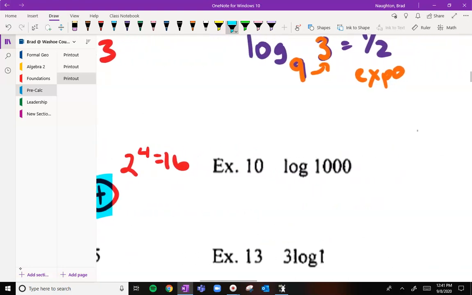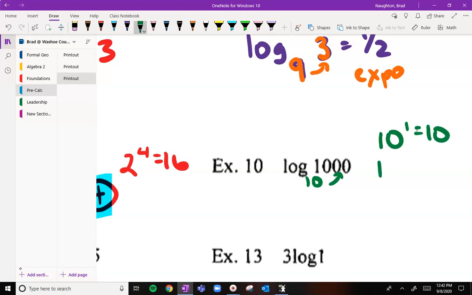So number 10, we said, hey, there's no base, so let's write it in. How do I go from 10 to 1,000? Well, think of it this way. 10 to the 1 is 10. 10 squared, 100. 10 cubed is 1,000. So my answer is 3.